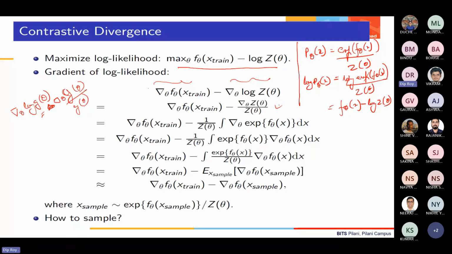All right. So the derivative of the log of a function is equal to the derivative of the function divided by the function. All right.